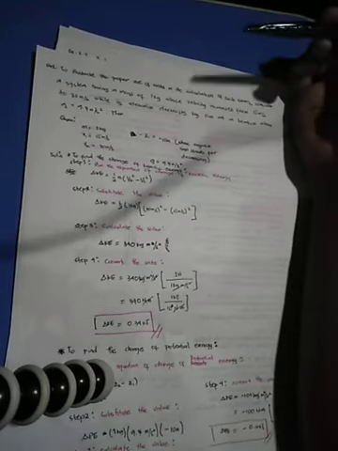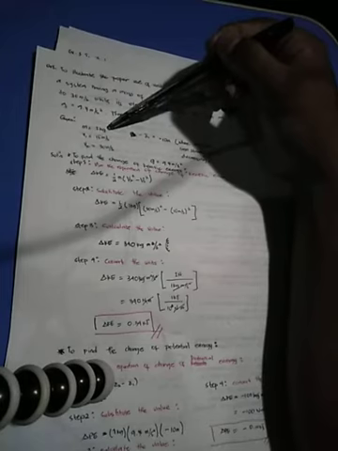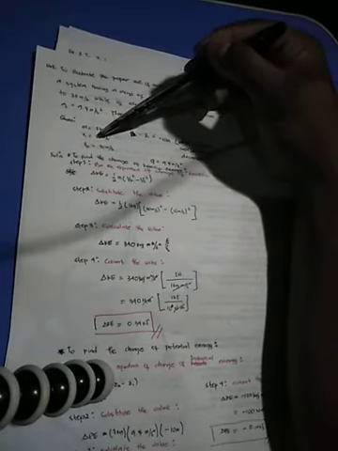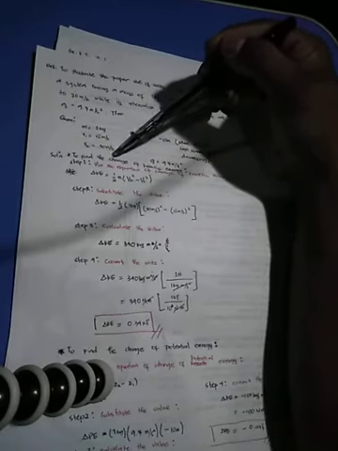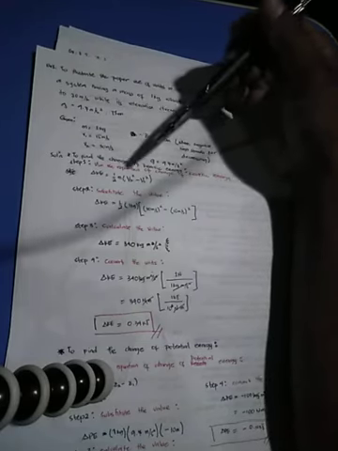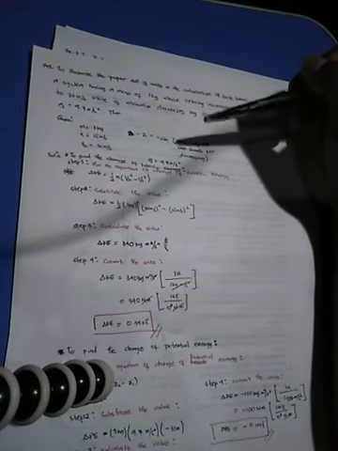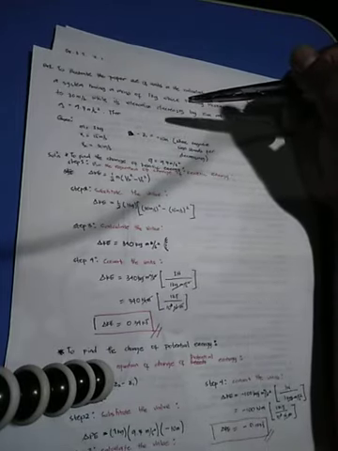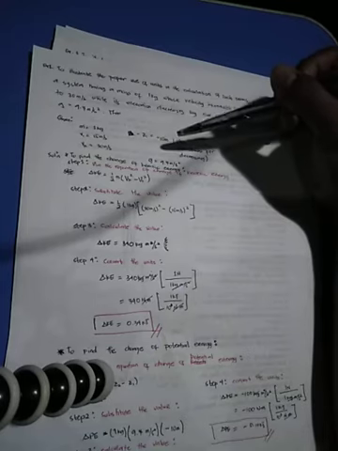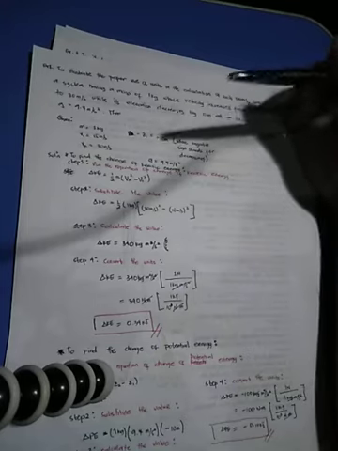Now for the given, here's our problem. We have a given mass of 1 kilogram. Velocity for position 1 is 15 meter per second. Velocity for the second is 30 meter per second, and the change of elevation is negative 10 meter.